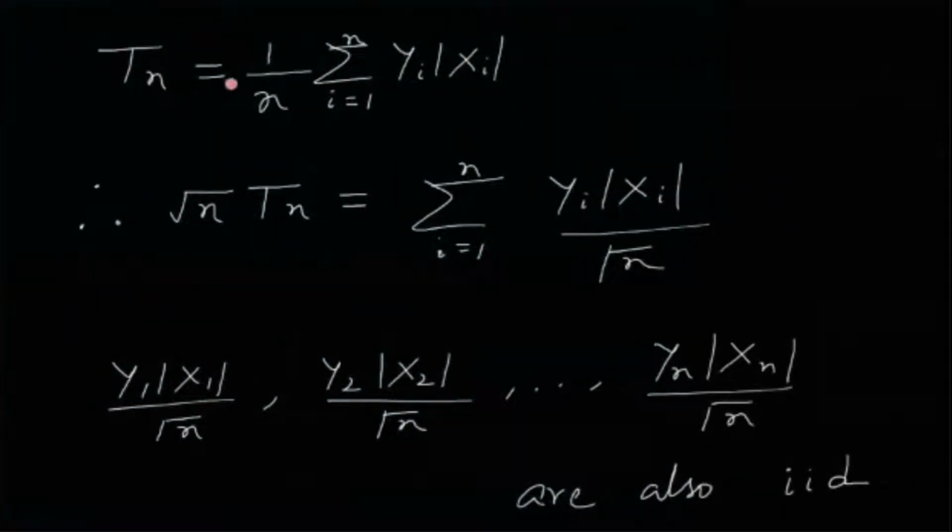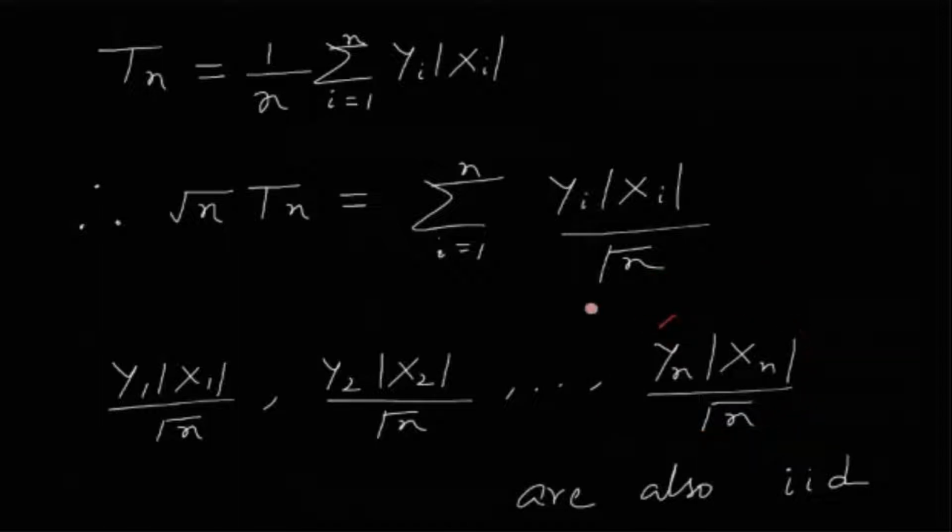Now Tn is 1 by n summation Yi into mod of Xi. That means root n times Tn is summation Yi into mod of Xi divided by root n, with i running from 1 to n. Since Yi and Xi are all IID, that means Y1 into mod of X1 by root n, Y2 into mod of X2 by root n, and so on, Yn into mod of Xn divided by root n.